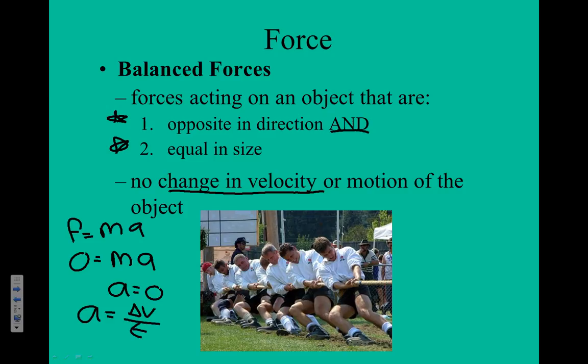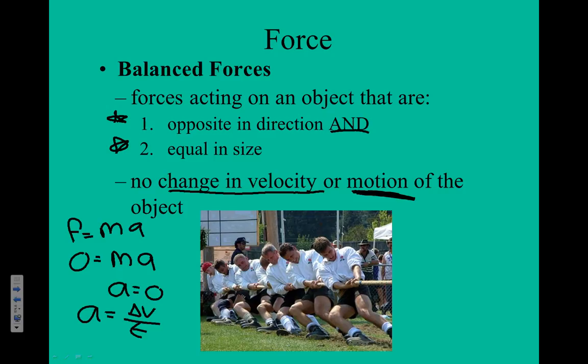I've repeated myself so many times just to make sure we're clarifying that point. A balanced system tells us whatever is happening motion-wise will not change, because force, the definition we talked about, is anything that influences the change in motion. So if your motion isn't changing, your forces are 0.